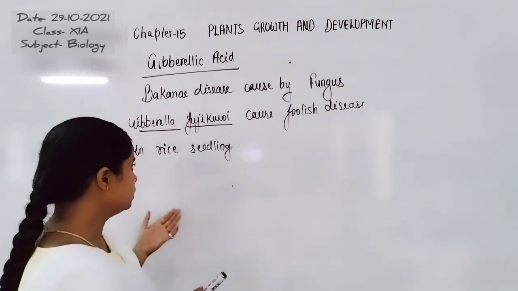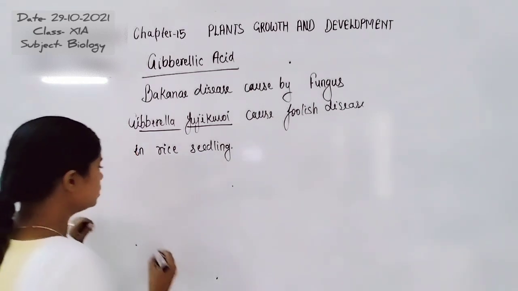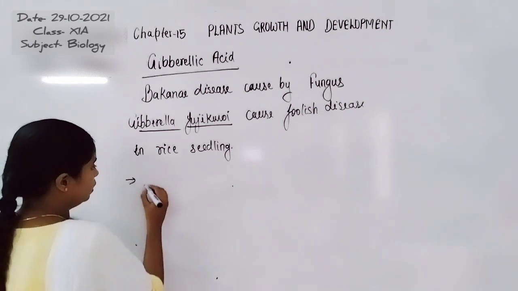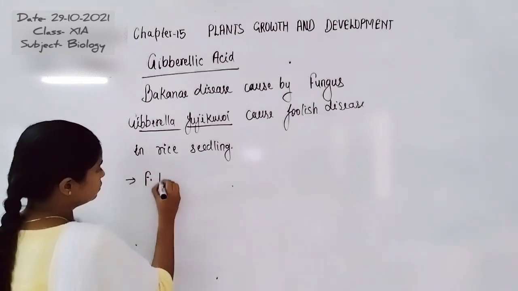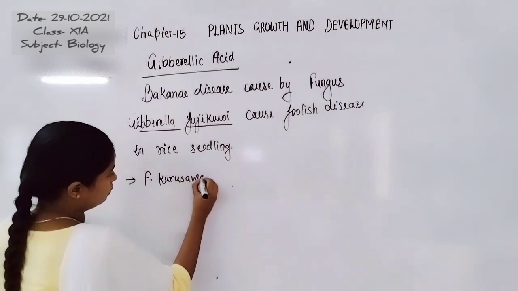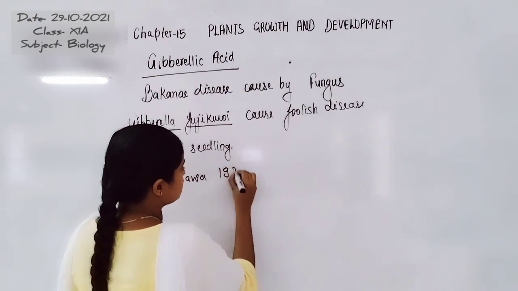What happened with this type of seedling? The foolish disease was described by Kurosawa in 1926.